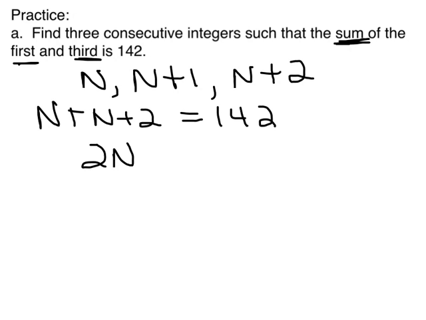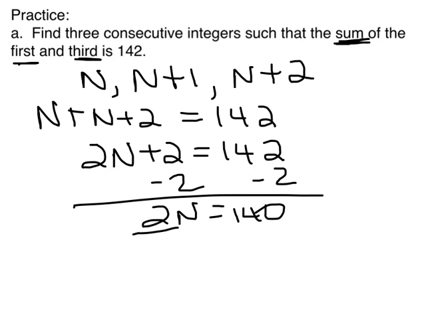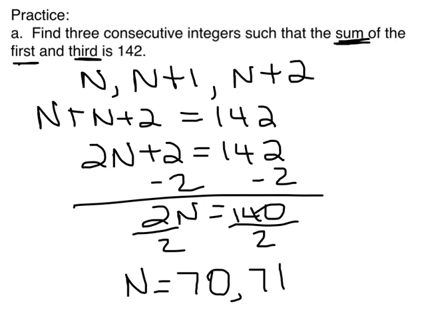When I combine my n's over here, I get 2n plus 2 equals 142. Subtract the 2, 2n equals 140. Divide by 2, n is equal to 70. So my 3 integers would be 70, 71, 72. Remember that to get the answer correct, you need to list all 3 that it asked for.